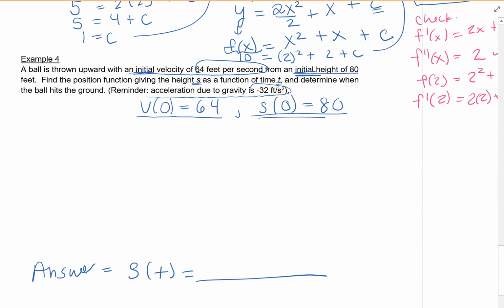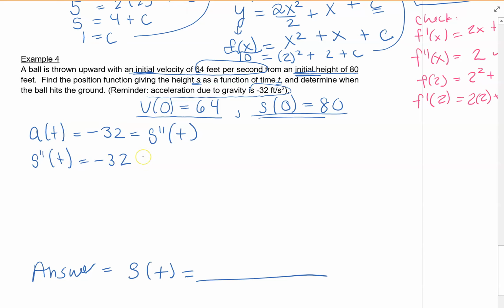It's negative 32 feet per second squared. So I start with that. So my a of t is negative 32. Now I can think of this as s double prime of t, right? The acceleration is the second derivative of position. So think of it that way.